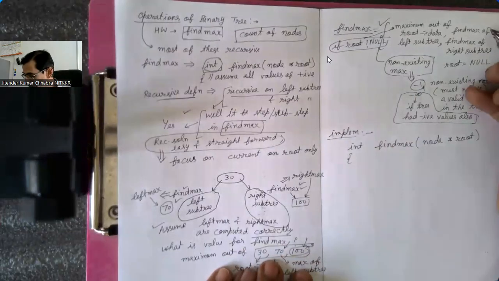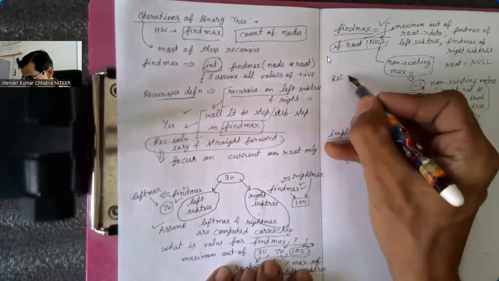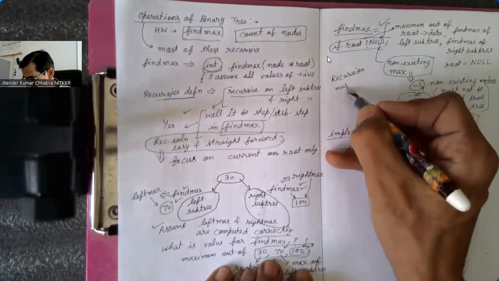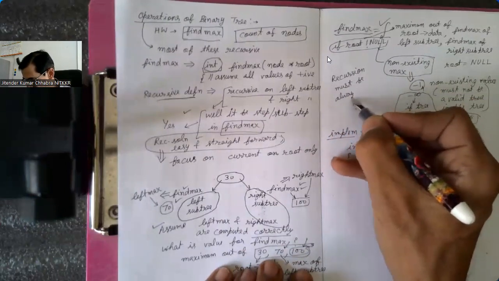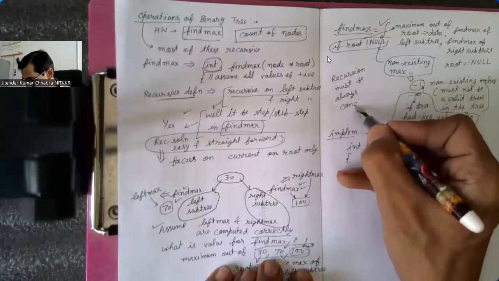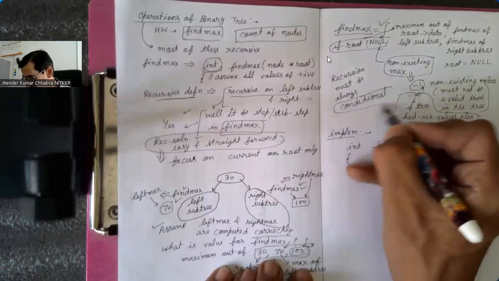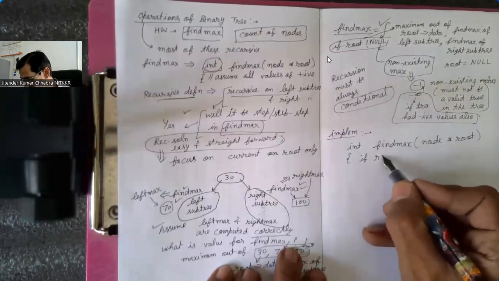Once you have thought of the recursive definition, recursion is always conditional. Recursive calls must always be conditional. Hence, the condition you have to think of, and the condition mostly will mean if the tree has become empty, if the root is empty. So you can put that as a condition initially itself.